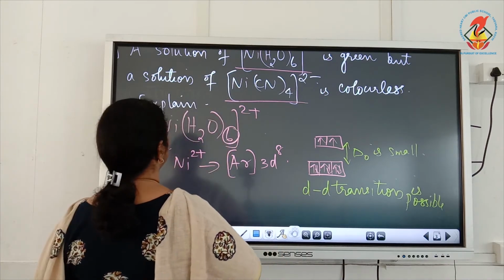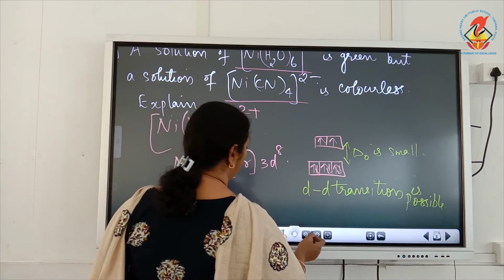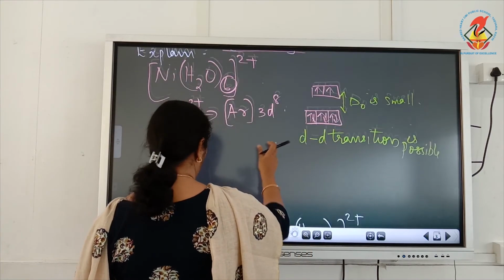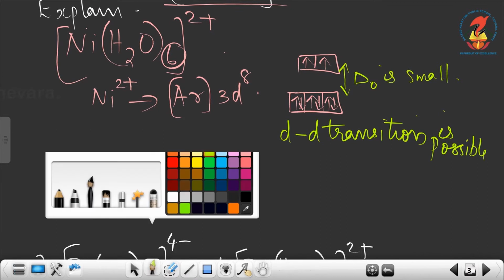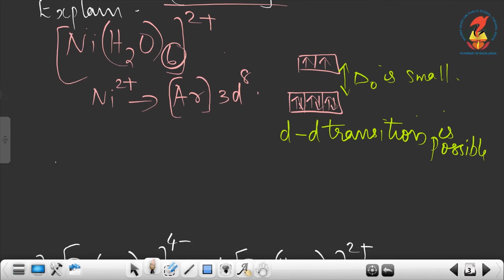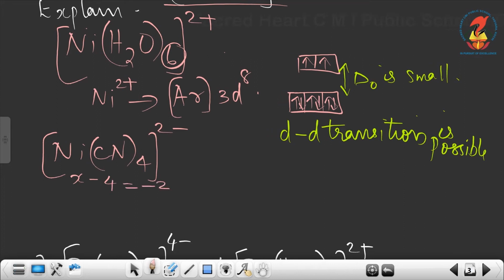Now, the next question is [Ni(CN)4]2- is colorless. So I am going to write that compound. [Ni(CN)4]2-. This is colorless, which means let's find the oxidation number of nickel in this. Nickel is x minus 4 is equal to minus 2, x will be plus 2.